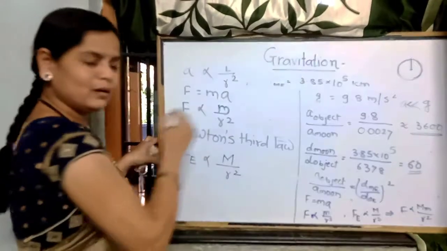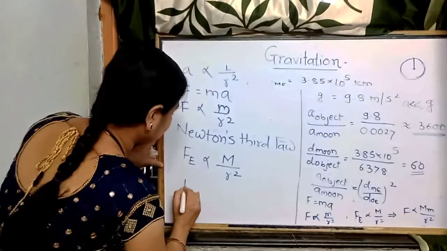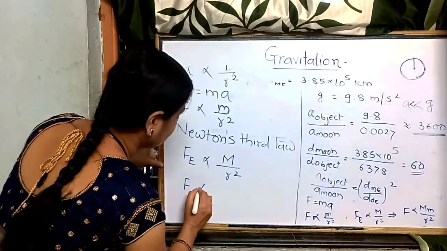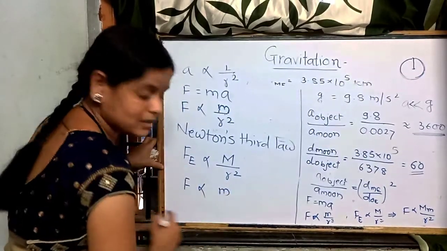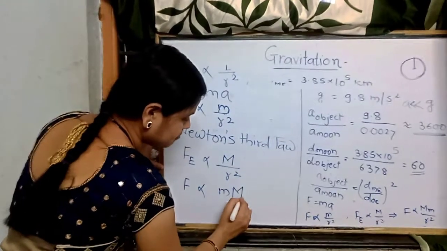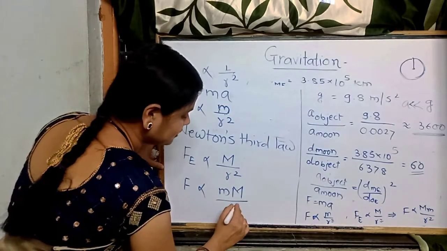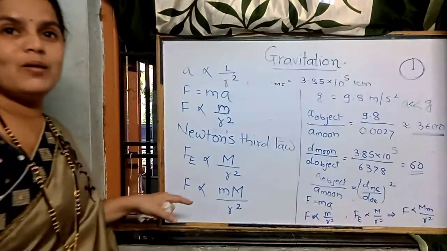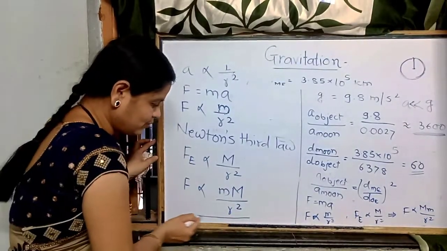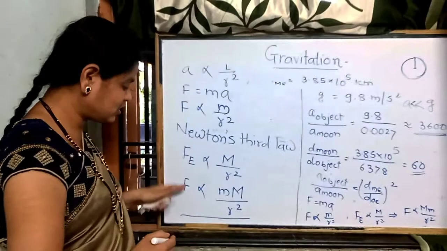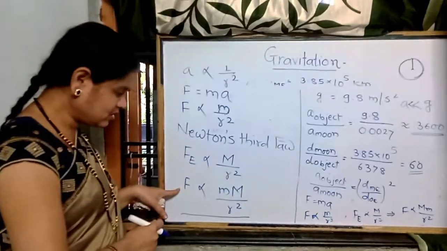And this concludes that F is proportional to m, that is the mass of the object, capital M the mass of earth, and inversely proportional to the square of the distance. It means that this is Newton's law of gravitation, that is gravitational force.